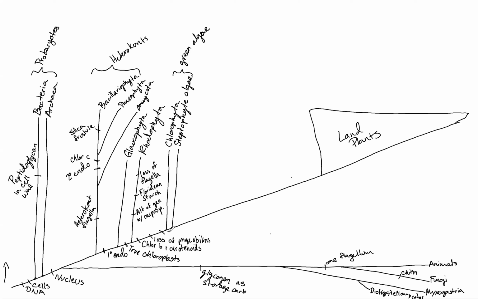And we get starch stored in plastids. So there's other traits we could add there. Cell walls that contain only cellulose, so we don't have those extra compounds that we find in other algae. Many things we could put. So those traits are going to be shared by all of these future organisms, all the land plants.